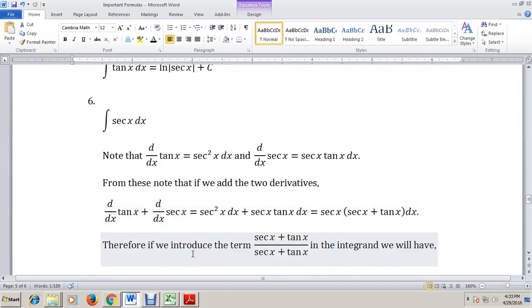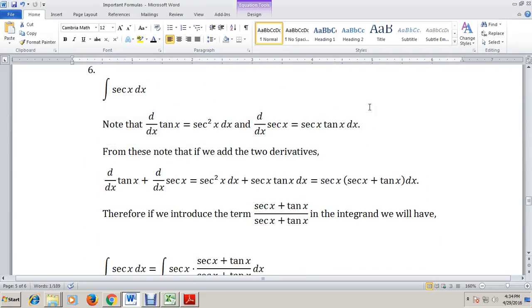Okay, so next would be the integral of secant x dx. In order for us to perform the integral for secant x dx, we take note first of the following. I have listed in our list of derivatives the derivative of tangent. Recall that the derivative of tangent is secant square x dx, and the derivative of secant is secant x tangent x dx.